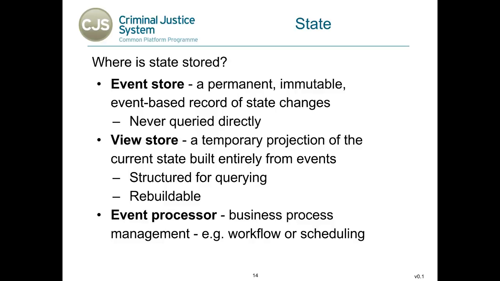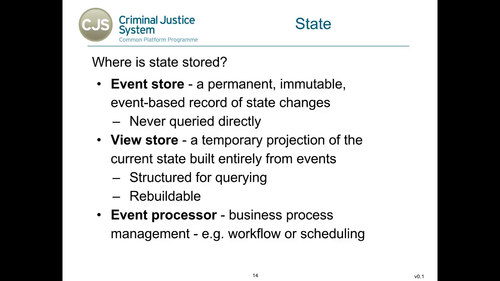But because it's built entirely from the event streams stored in the event store, it's rebuildable. That's a crucial thing, because there will be situations in which we have to wipe view stores out and rebuild them by replaying events into them. So all of the information in the view store has to have come from private events.